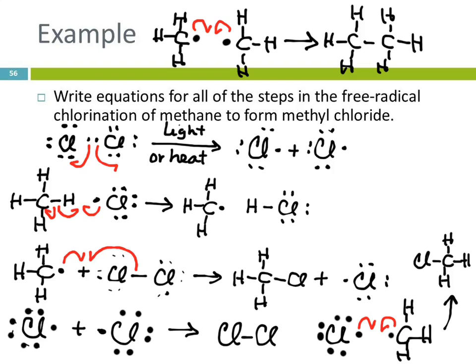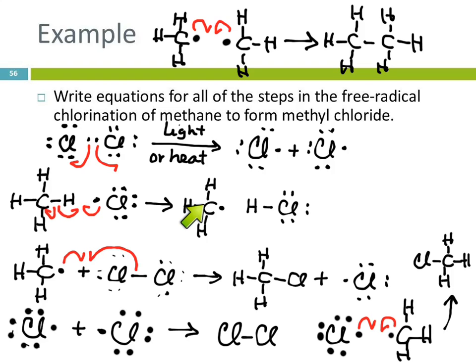Because mostly what we have is chlorine molecules being broken because of this light or heat energy into chlorine atoms. And then most of the rest of this is methane. And the chlorines are going to run into methane, and then we're going to have this.